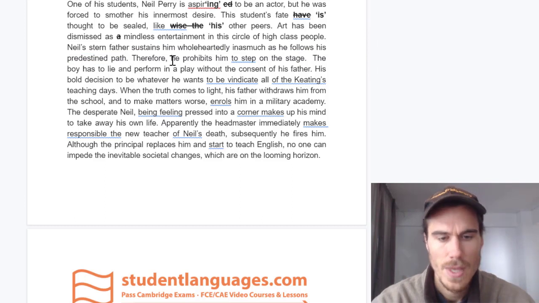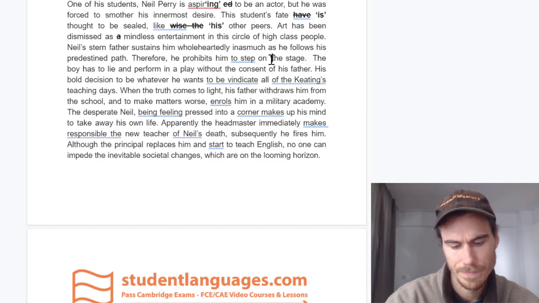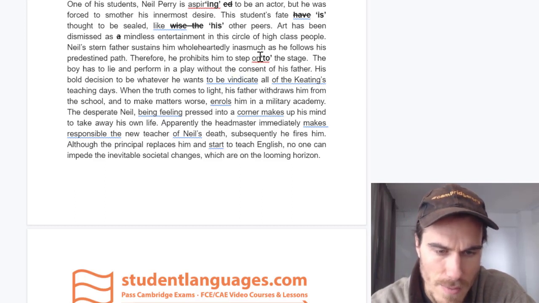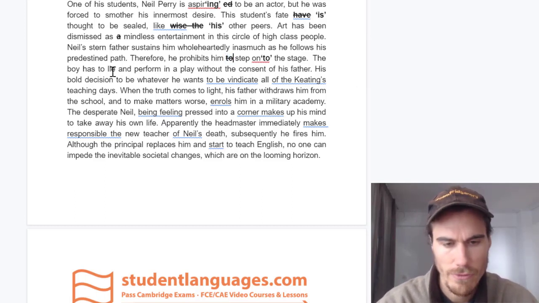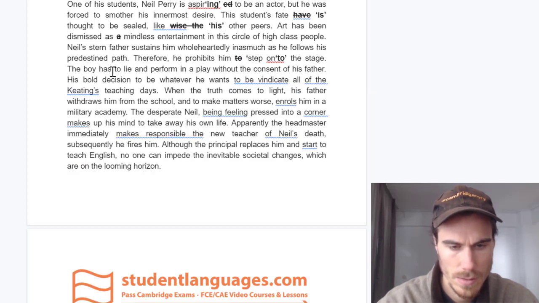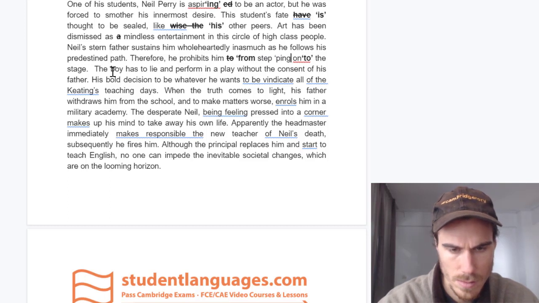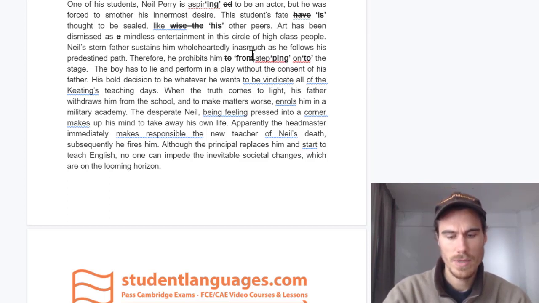Okay, makes sense. We normally say to step onto the stage. You could say he prohibits him from stepping onto the stage. That's more often what we say, to prohibit someone from doing something, or prevents him from stepping onto the stage.